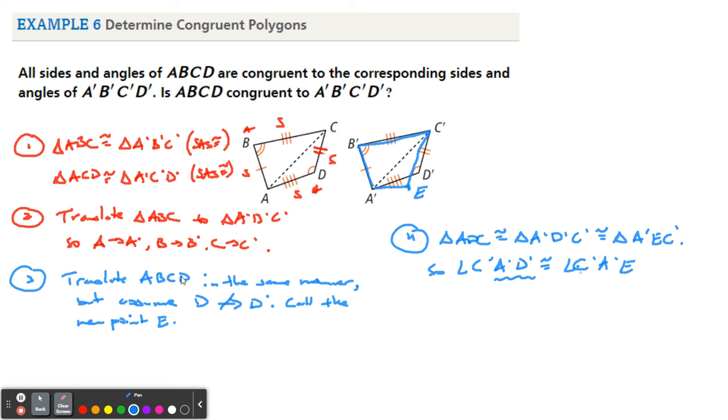Right? That's the two angles from these two triangles. Notice here that A prime, D prime, and A prime, E line up. Right? So if those two angles are congruent, and A prime, C prime is used both times, so this segment is used both times, then that means that C prime D and C prime E must be in a line.